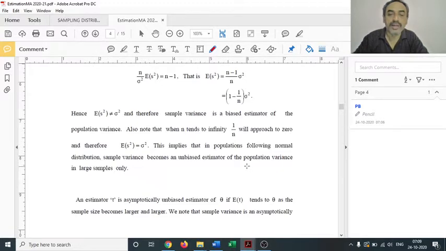This is known as asymptotically unbiased. Therefore, E of S square is not sigma square, but E of S square tends to sigma square when n is large. So S square is a biased estimator of population variance, but it is asymptotically unbiased.